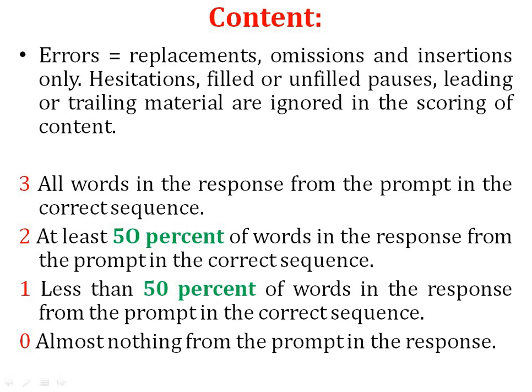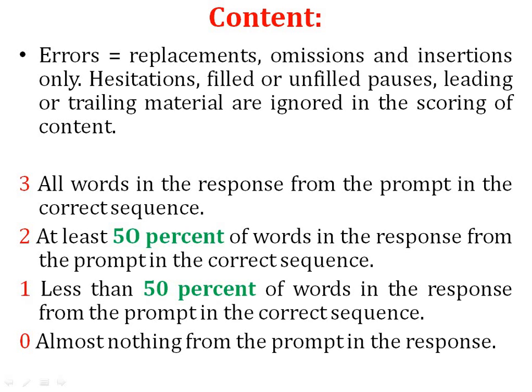However, hesitations and pauses are ignored in content, but they are scored in fluency. So they are more dangerous than content. So make sure you avoid hesitations and pauses instead of wasting your time to find out the correct content. Make sure you don't take pauses or add leading and trailing material.